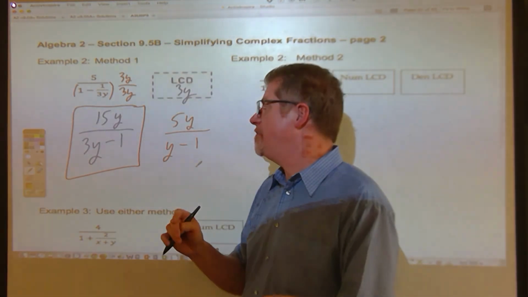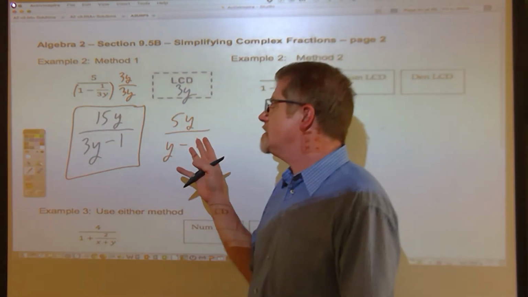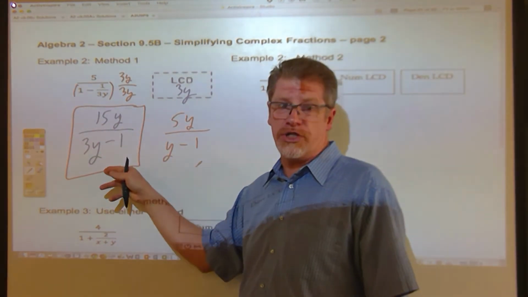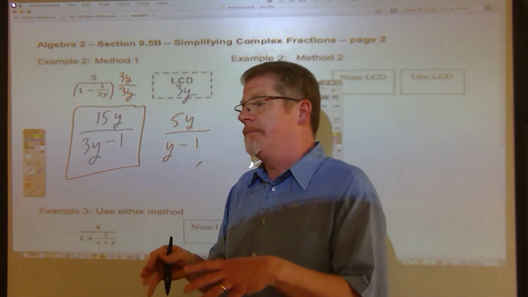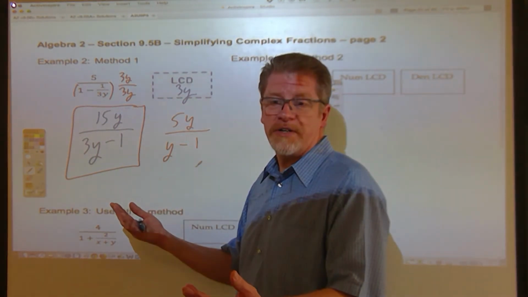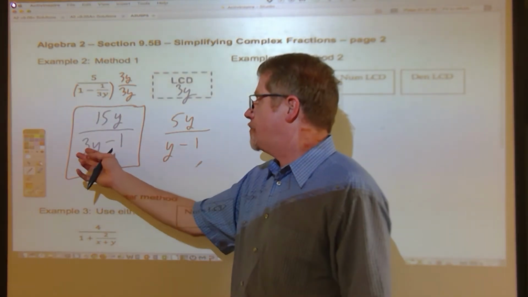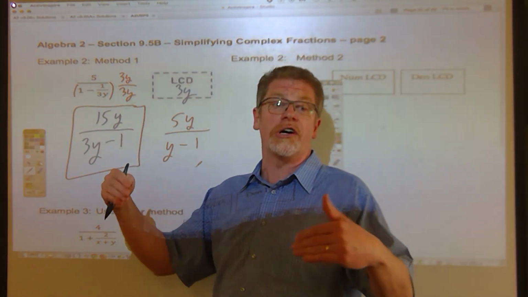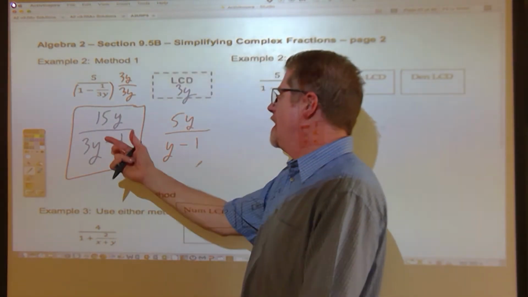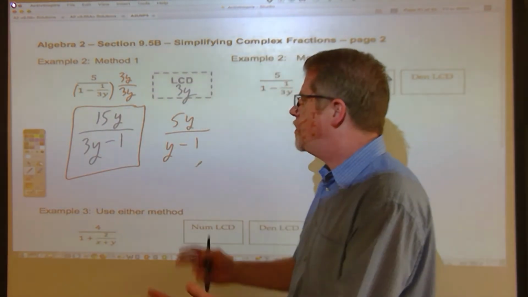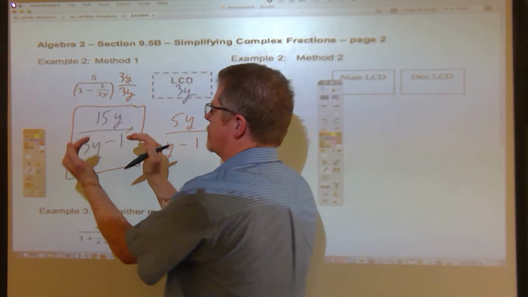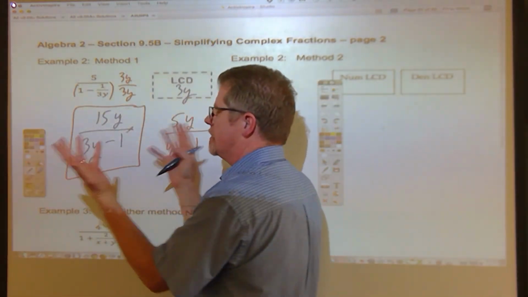I've been saying no. I've been saying, look, cancellations of like factors, top to bottom, numerator to denominator, occur only when both numerator and denominator are in factored form. And 3y minus 1 is in what you could call termed form, even though termed form is not an official mathematical phrase. It's not factored form. You know it's in factored form when all of the minus and plus signs are in parentheses. So if this were (3y minus 1), and then we had a 15 there, yeah.